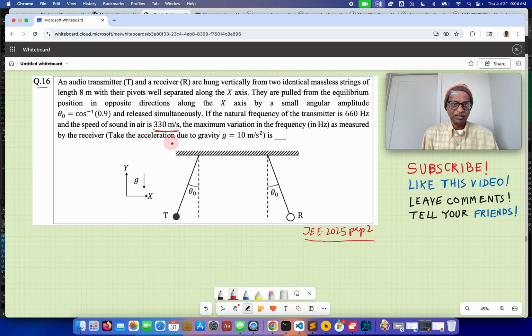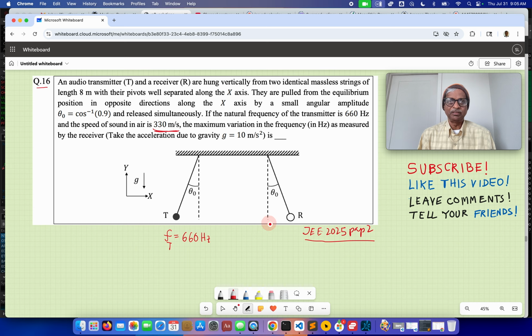They'll tell you the natural frequency the transmitter is transmitting, 660 hertz, and this is a receiver. Depending on the relative motion, the receiver will get a higher or lower frequency, and they seem to be pulled at the same angles apart.